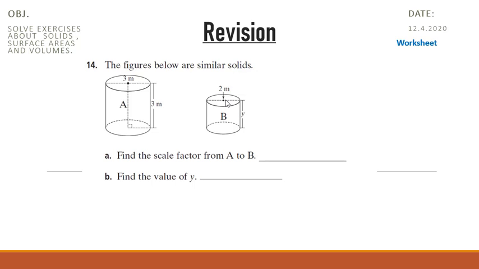Okay, so it's 3 to 2. What's the value of y? Write the proportion, of course. 3 over 2 equals 3, which is the height, over the height here, which is y. There is no need to use any calculations. It's 2 meters. Okay, thank you, Abdullah.